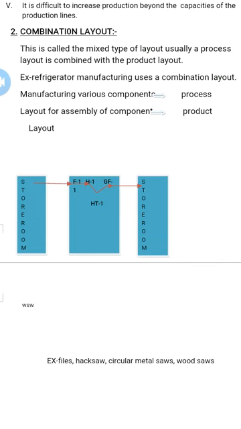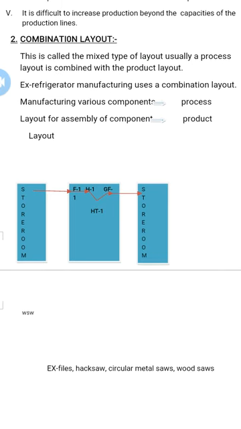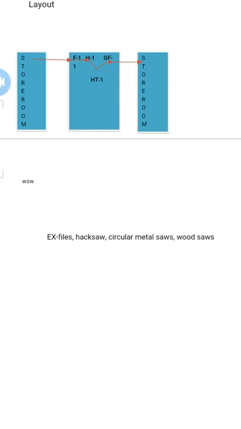An example is refrigerator manufacturing. In this case, the various components are manufactured by process layout, but the assembly of these components to produce the finished product, the refrigerator, is designed in product layout. So this type of layout is known as combination layout.